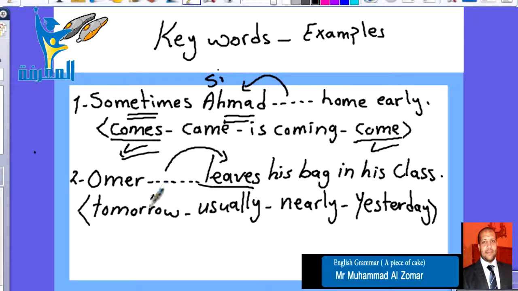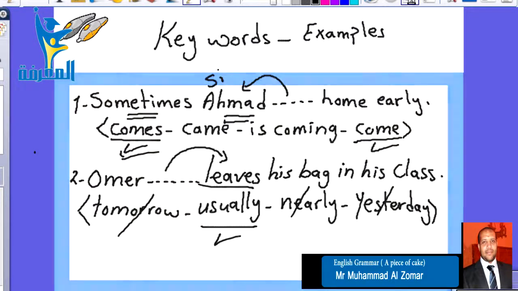Tomorrow, no, future. Yesterday, no, of course it's past. Nearly, no. Of course, it will be usually. This is the keyword that expresses the present simple tense.